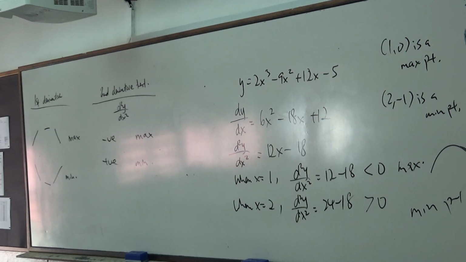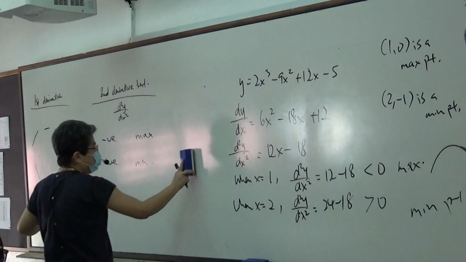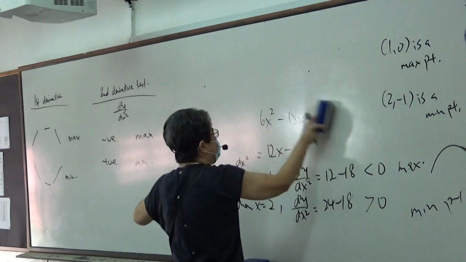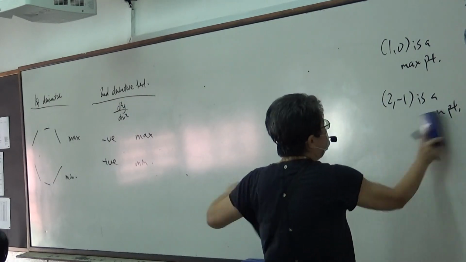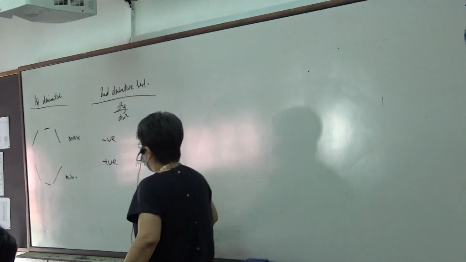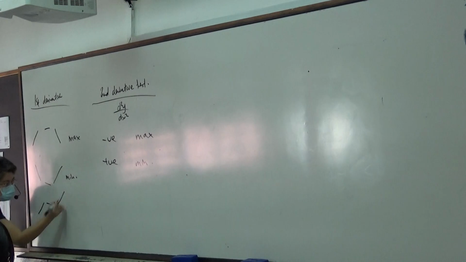Everybody clear? Okay, alright, now can you all turn the textbook to page 50. Now, can you see they tell you minimum point, maximum point? Okay? Now, for point of inflection, the first derivative test will be like that, right?